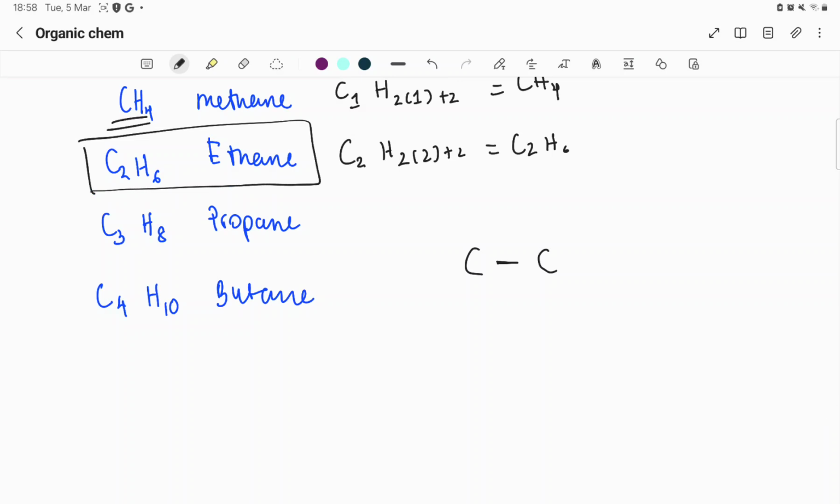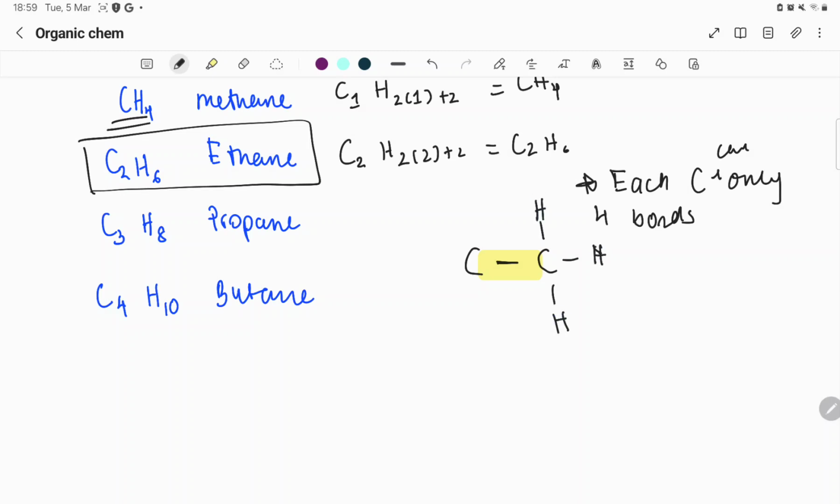Now, what you need to know, and this is very important, each carbon atom can only have 4 bonds. So you already have 1 bond over here, which means that you only need to add 3 more bonds to this carbon atom so it's satisfied. I need to add 3 more bonds to this one so this carbon atom is satisfied.